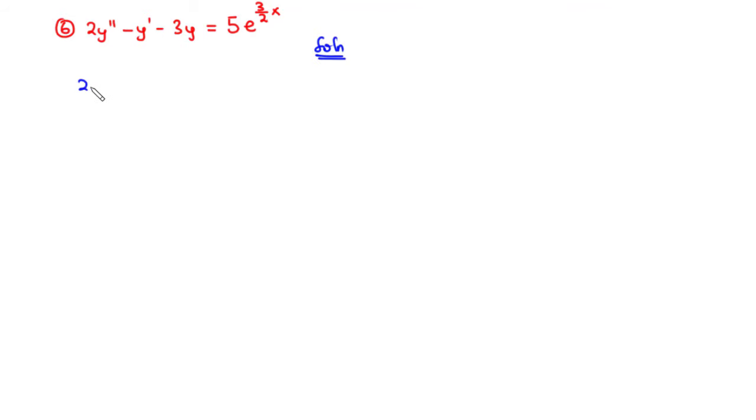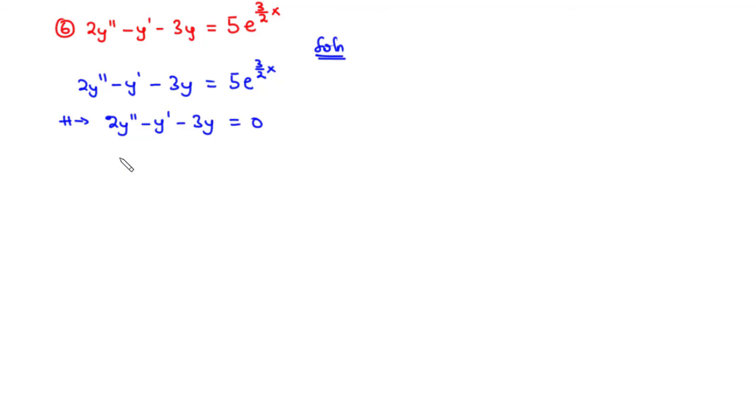The first thing is we need to treat this as a homogeneous differential equation by making the right hand side equal to 0. So it becomes 2y prime prime minus y prime minus 3y equals 0.